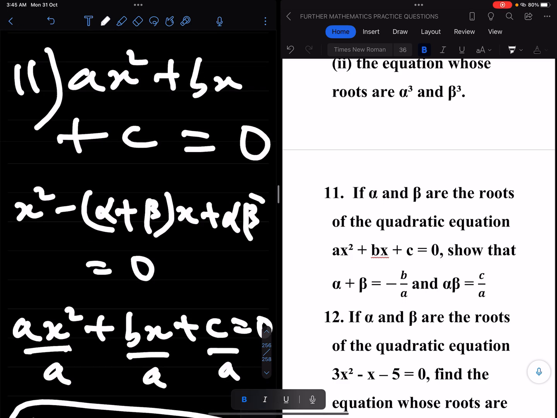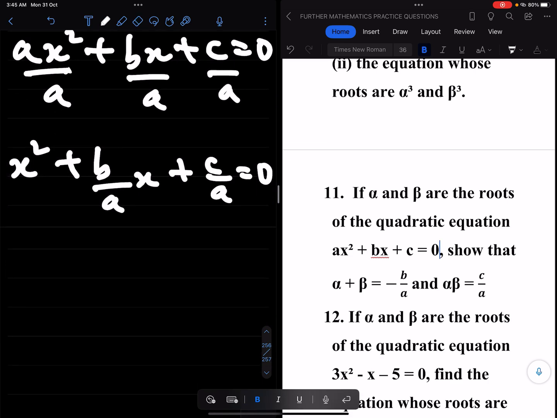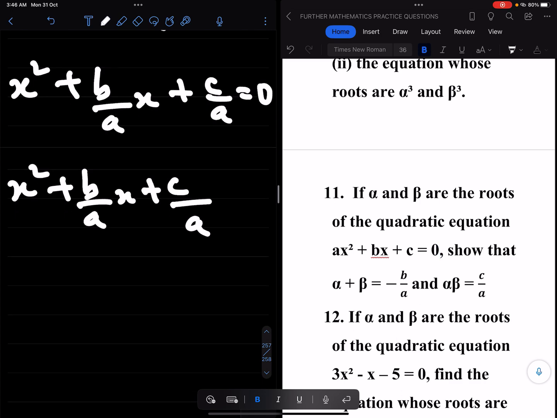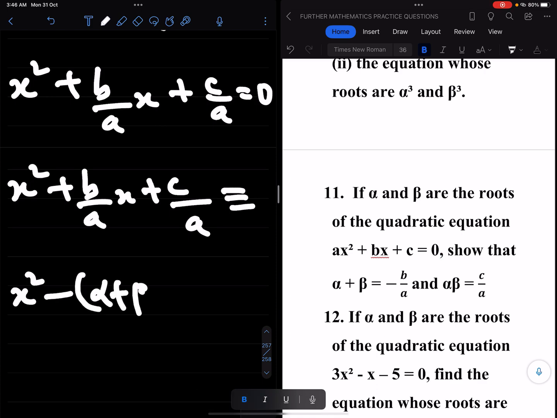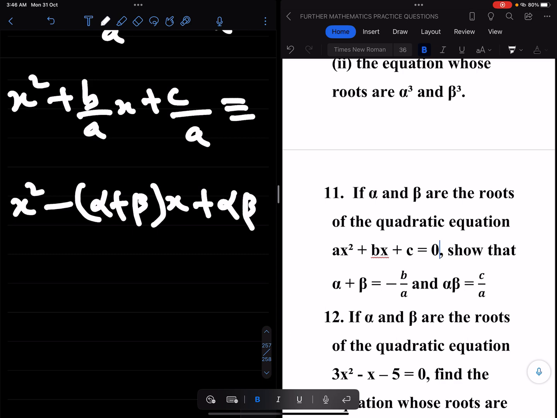Now I can compare these two equations. x squared plus b over a x plus c over a is equivalent to x squared minus (alpha plus beta)x plus alpha beta. They are both the general forms of a quadratic equation.